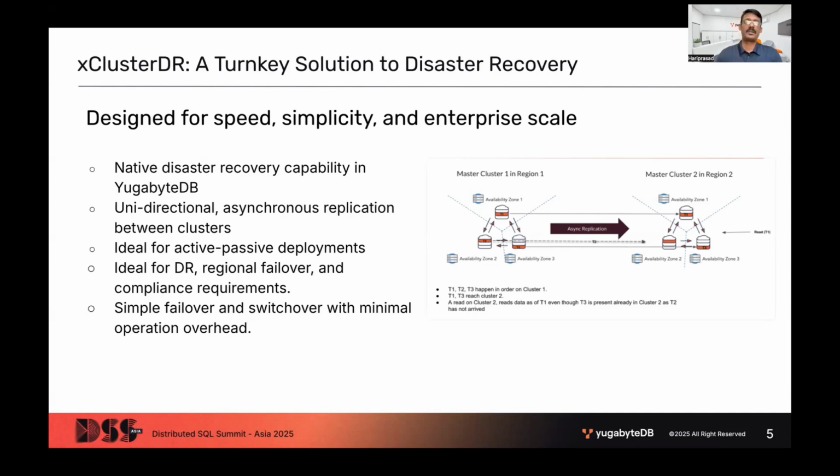The active side supports both writes and reads, and the passive side supports reads alone, readily available for activities like switchover and unplanned failover, making it an ideal solution for DR requirements, regional failovers, and compliance requirements that require data localization or geo redundancy.